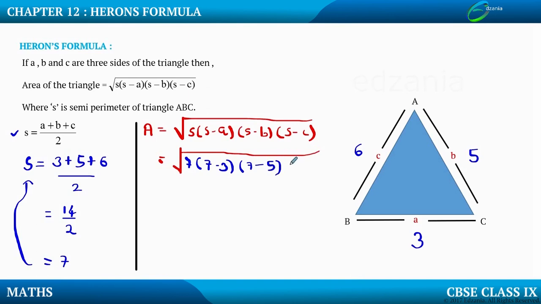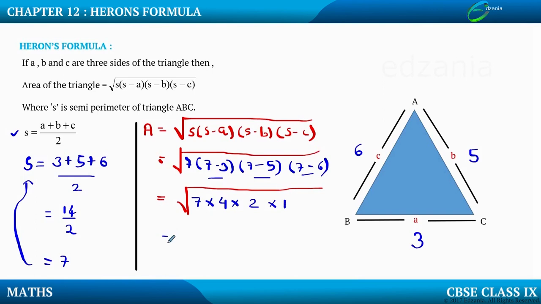Note we are just substituting the values, and 7 minus 6. So the next step will get 7 into, this 7 minus 3 will be 4, into 7 minus 5 will be 2, into 7 minus 6 will be 1.